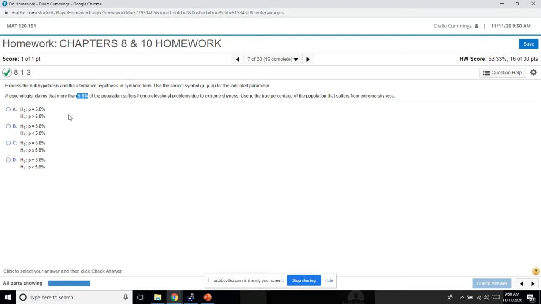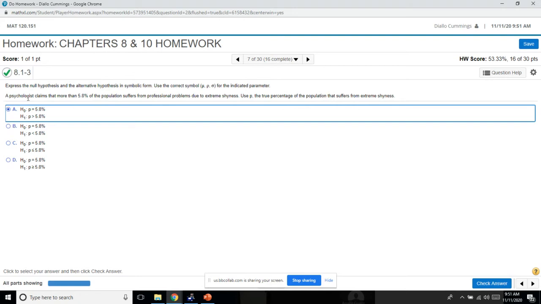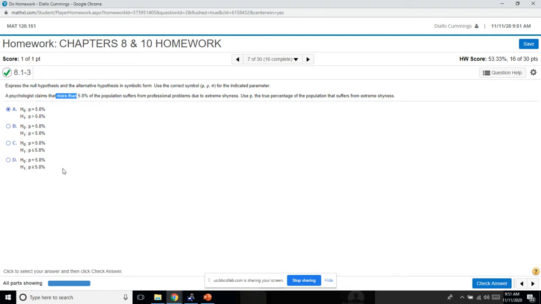As we set up, notice all of our answer choices contain P. When setting up your null hypothesis, notice that it must always be equal to some claimed value. Each one of these has the correct null hypothesis; they're all equal. How do I determine my alternative hypothesis? Well, here's the claim. It says that a psychologist claims that more than 5.8%.